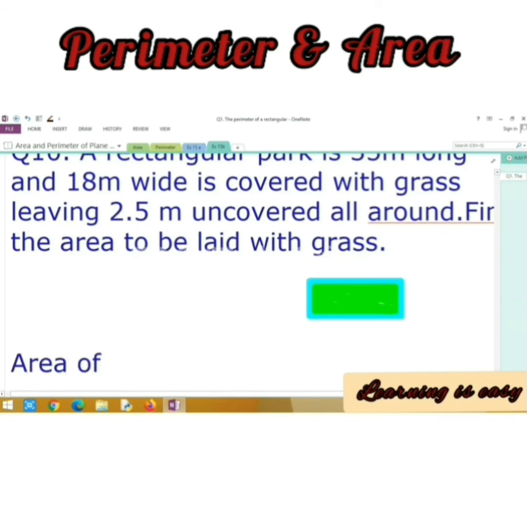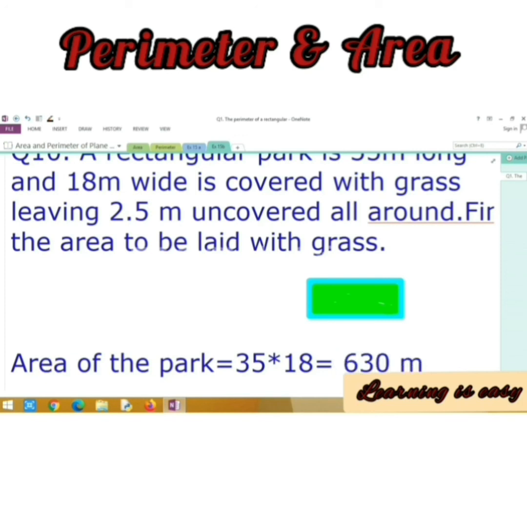We know the area of the park with the length and breadth, which is already given in the question. So 35 into 18, that gives us 630 meters square.